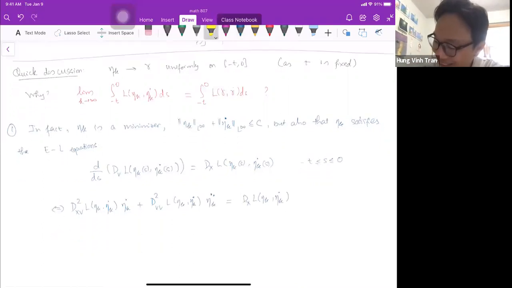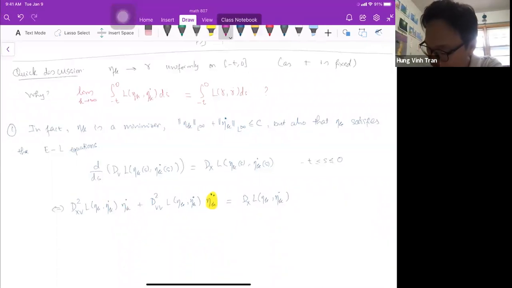So from here I can write down what eta k double dot is, right? And actually you can do it iteratively to write out any derivative of eta k. But what I only needed here is that eta k double dot of s is going to equal the inverse of d squared vv L at eta k, eta k dot.